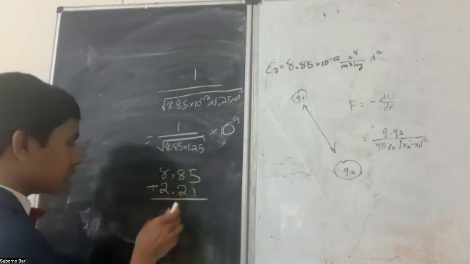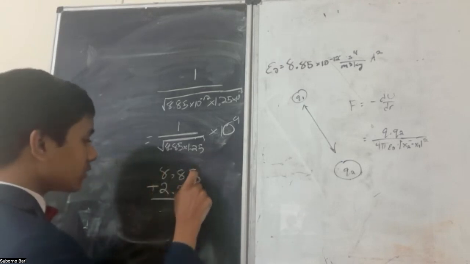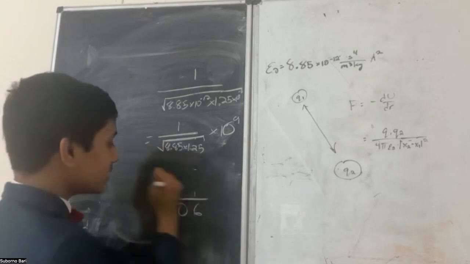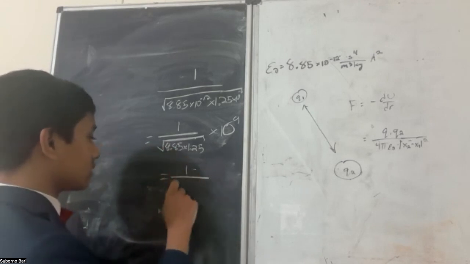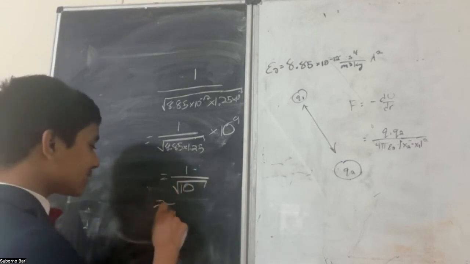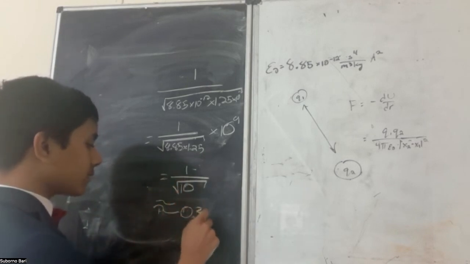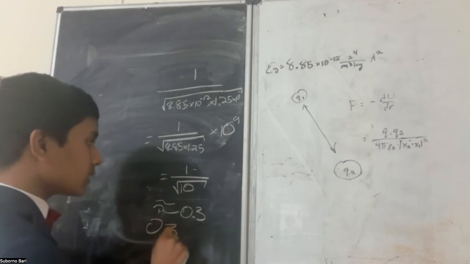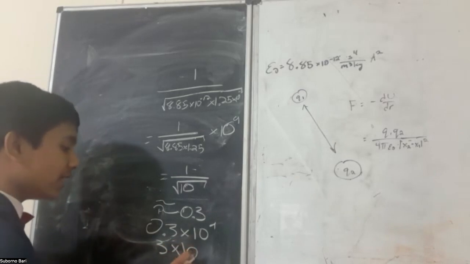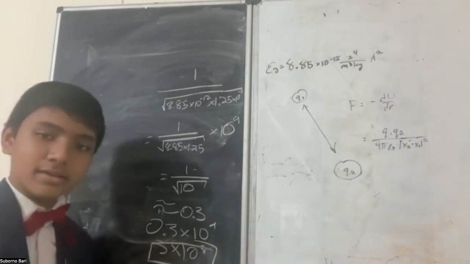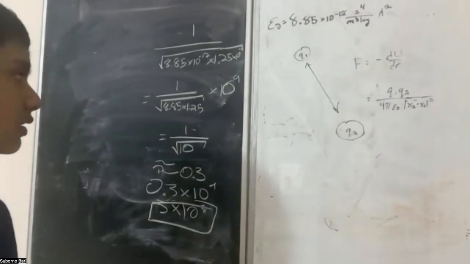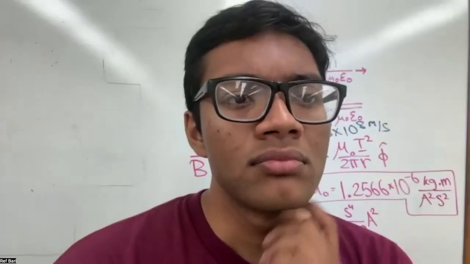When you add these two together, you get 6 here and 10 here, so you're essentially taking the square root of 10. And 1 over the square root of 10 is basically 0.3. So 0.3 times 10 to the 9 is just 3 times 10 to the 8. Wait, you wrote minus 9 before. No, I didn't. Okay, excellent.